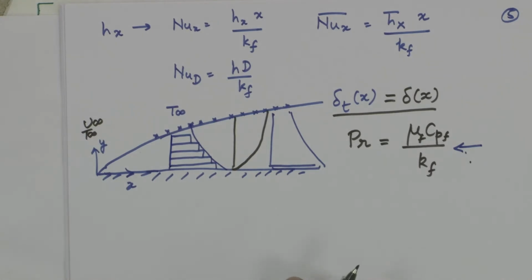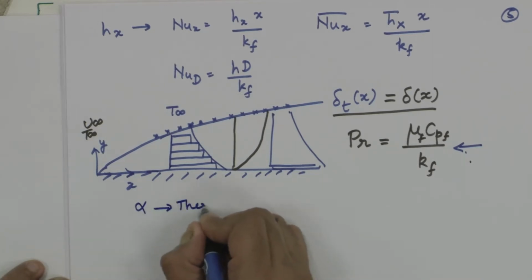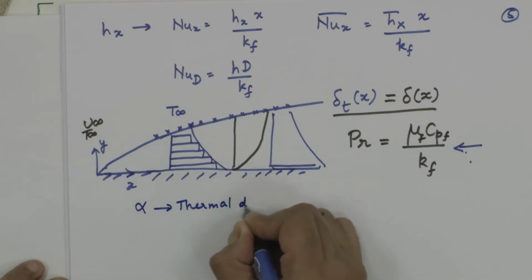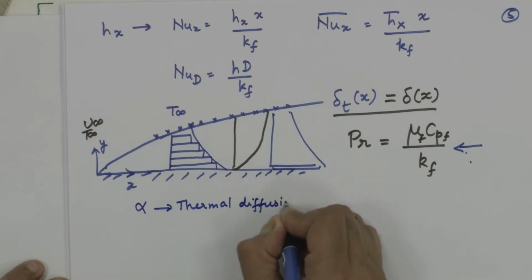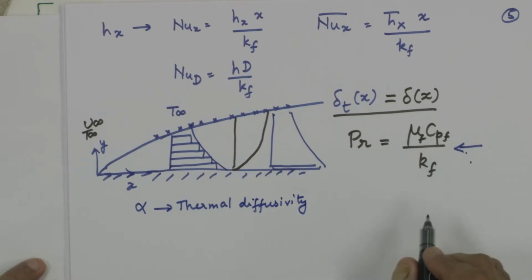Viscosity is responsible for transport of momentum. Alpha, or thermal diffusivity, you would have seen when the conduction equation was derived. What is this quantity alpha?